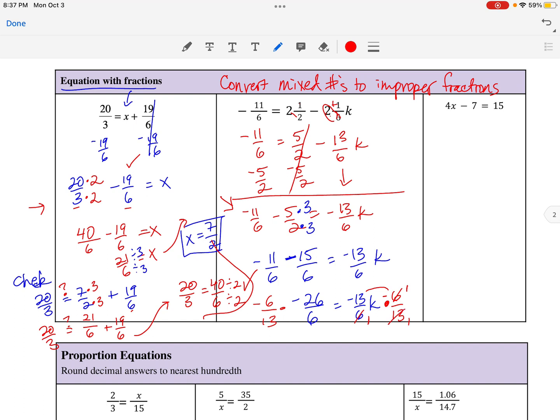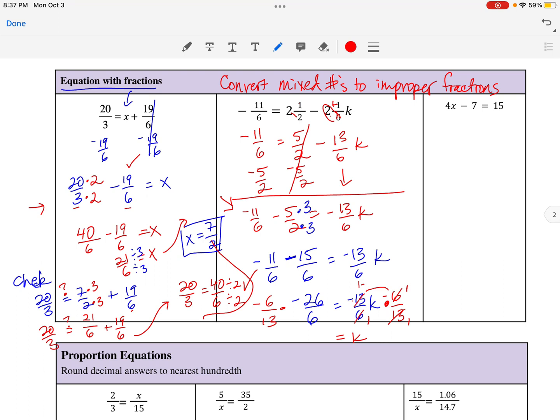And these 13s will also cancel out to 1. And so then what we're doing is just negative 1 times negative 1 on the top, which is 1, and 1 times 1 on the bottom, which is 1. So this side just equals k. Yay, that's what we wanted.